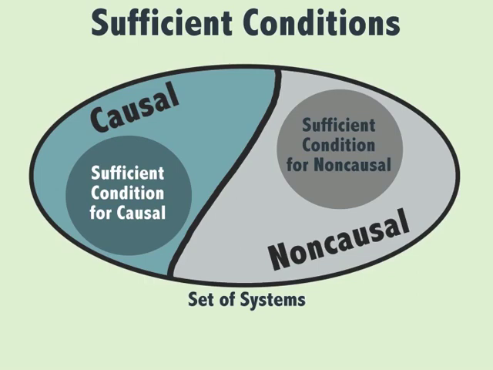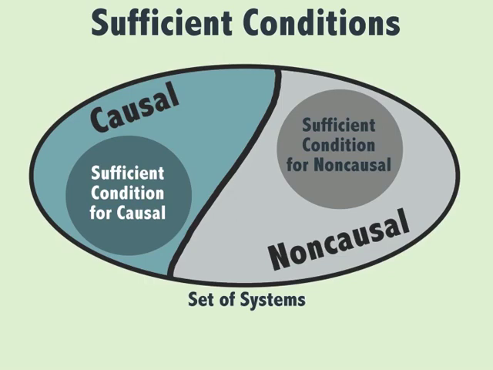I'm showing here a Venn diagram for the set of all systems. The set of all systems can be divided up into the causal systems and the non-causal systems. Within the set of causal systems are those that I can prove to be causal via the sufficient conditions I gave you.